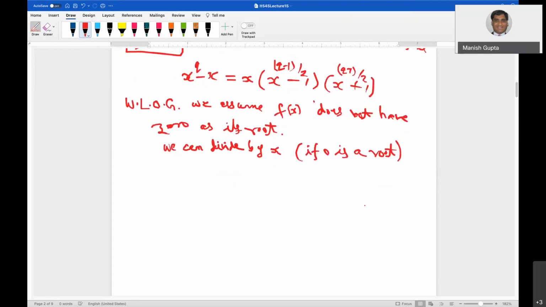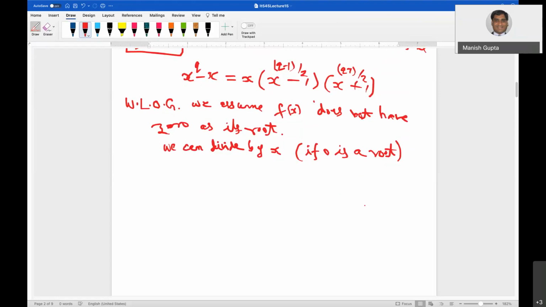So now f(x) is given. f(x) is our input polynomial for which we want to find the roots. So what is given? f(x) is a product of linear factors and 0 is not a root of f(x). This is given to us. Okay.